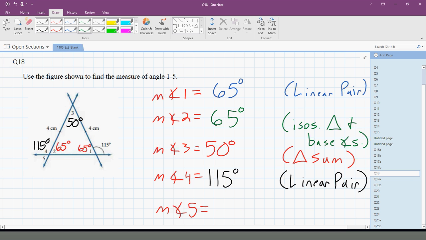And then last but not least, what is the measure of angle 5? We have to add up all the numbers and then... Nope. Even easier. I like your subtract from 180. That'll work. But who are you going to take away from the 180?